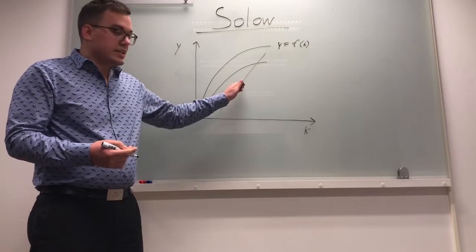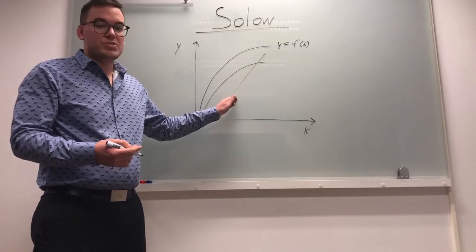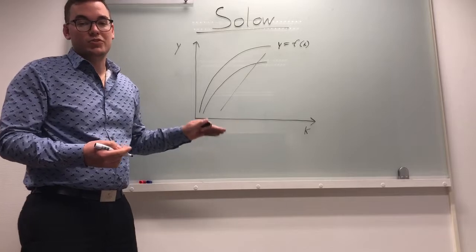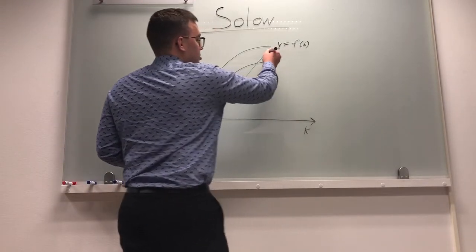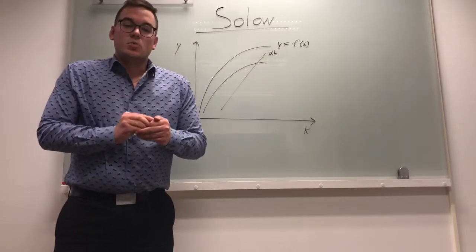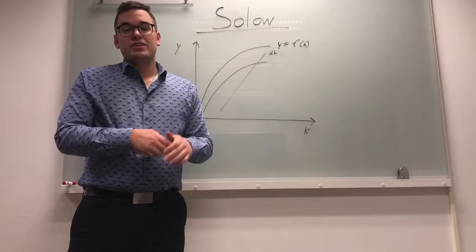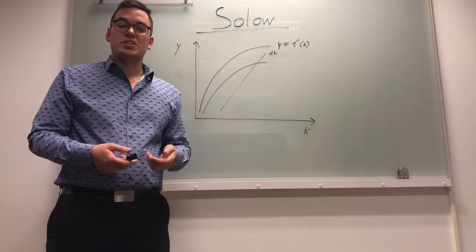And now let's look at this straight line. This line represents depreciation of capital. Let's just denote it like that. And what I mean by this is when you invest in new machinery, infrastructure, whatever it may be, it wears out over time.